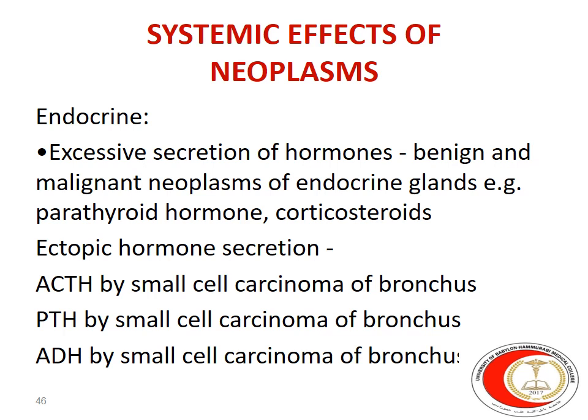Antidiuretic hormone can also be secreted by small cell carcinoma of the bronchus. So these are the endocrine or hormonal effects in tumors: either excessive secretion of hormones from benign or malignant neoplasms of endocrine glands, or ectopic hormone secretion, which is secretion of hormones from tissue that is not specified to secrete those hormones.